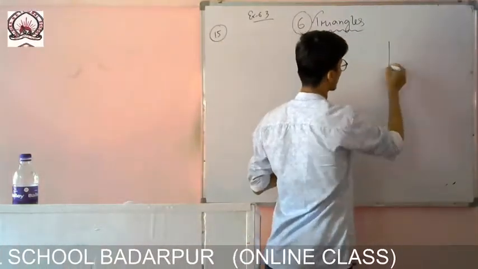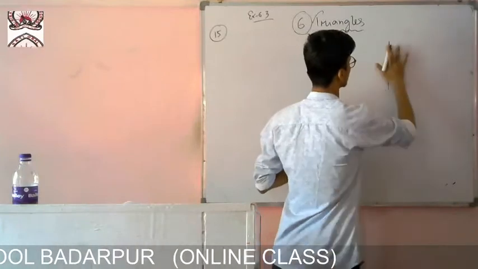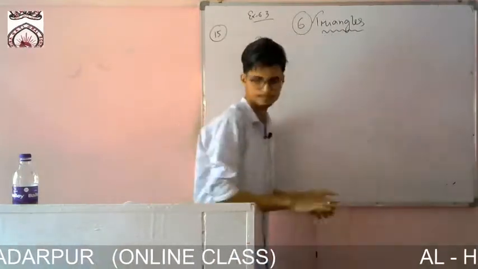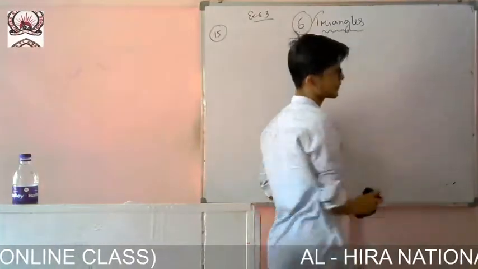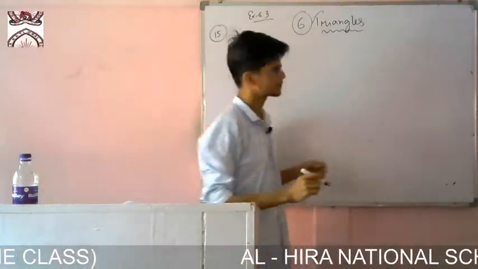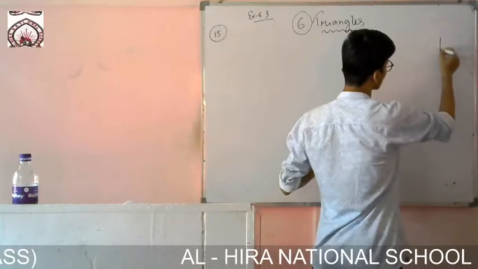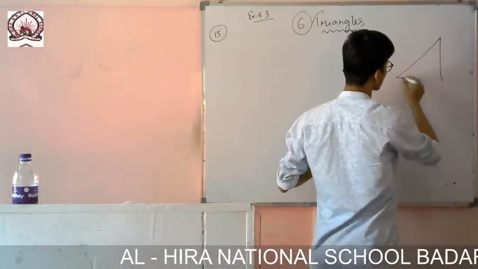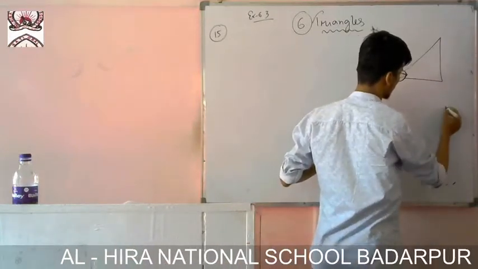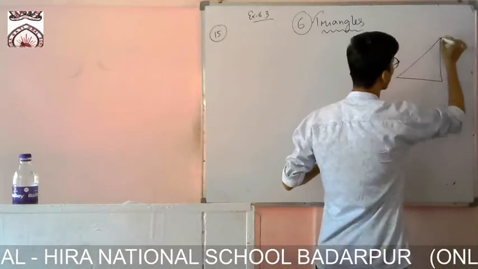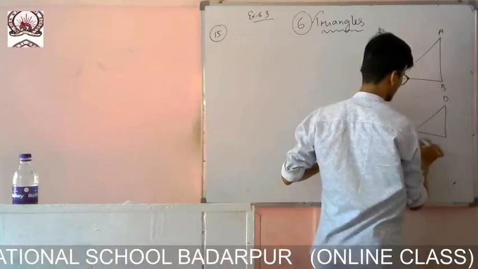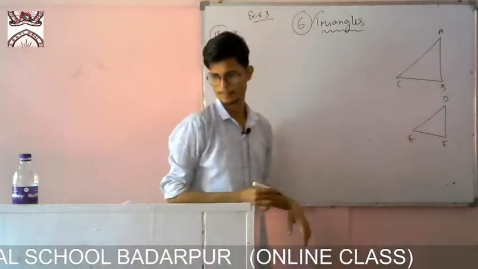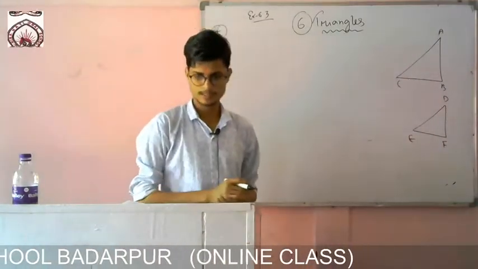One is there, and another one, this one, A, B, C, D. So these are two triangles.